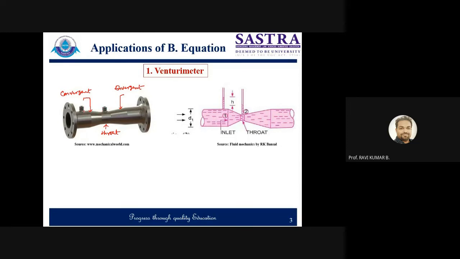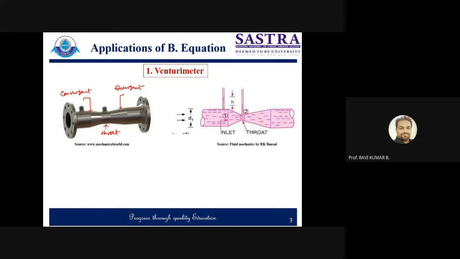Here I need to know what is happening to the flow. So I will attach one limb of the manometer here, and another limb here. There will be manometric fluid inside the manometer, and this will be a U-tube differential manometer that we use to measure the pressure difference between any two sections. The flow is coming, and initially it undergoes compression because the area is decreasing, so the pressure will increase.